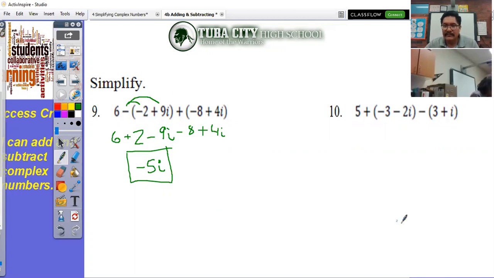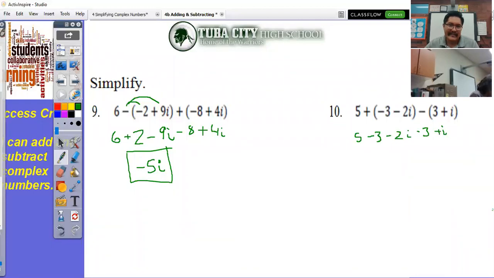All right, last one. For this one again, I'm just going to go down the line. 5 minus 3 minus 2i minus 3 plus i. Okay, did you catch that?